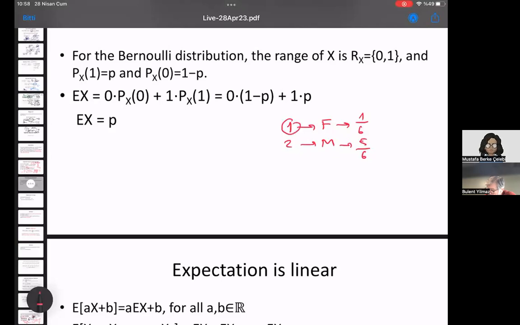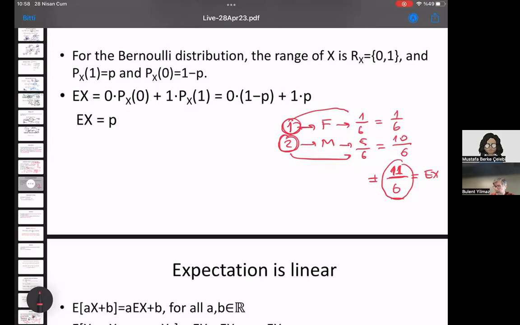According to these definitions, I have to multiply 1 by 1/6, and multiply 2 by 5/6, which is 10/6, and then add these two. 11/6 is my expected value. It all depends on your definition, but you should stick to your definition carefully. You cannot change it for another situation.